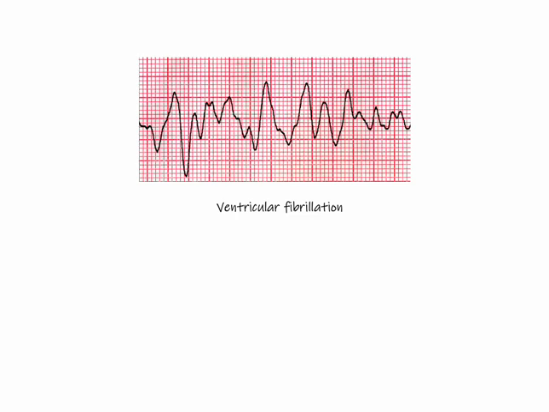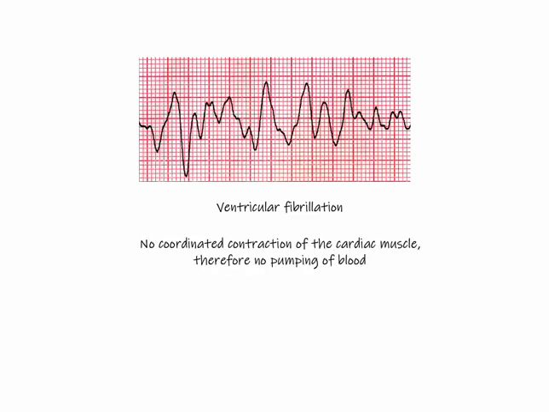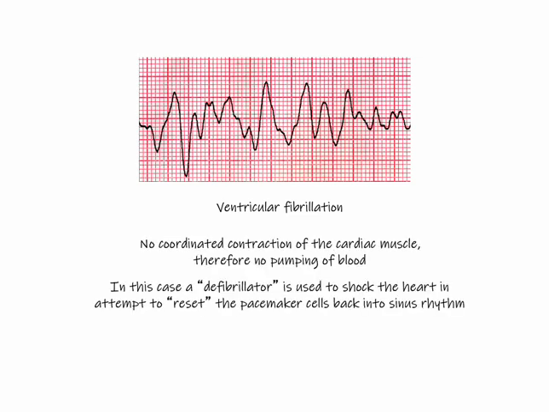This term fibrillation should make you think of a term called defibrillation. Defibrillation is what we do if a patient has this particular rhythm. This is why we see automatic defibrillators located in many public buildings now across the U.S., because we've recognized that if a patient is in ventricular fibrillation, the most important thing we can do for that patient is to try and get their heart beating normally again.